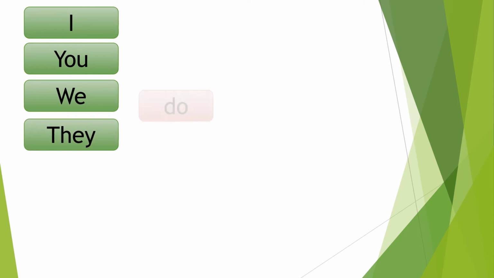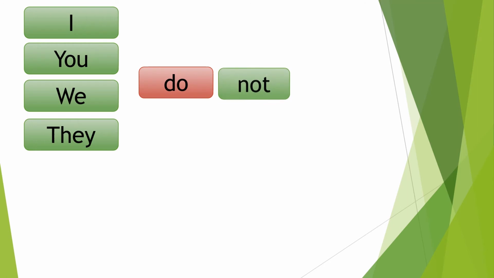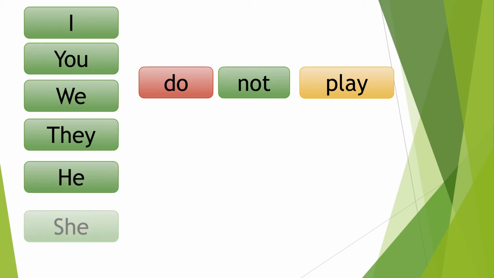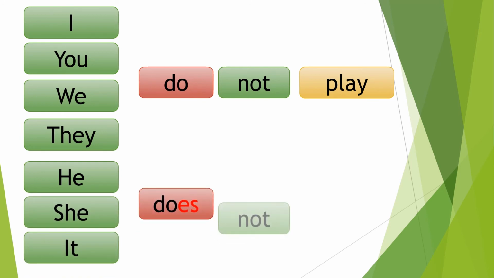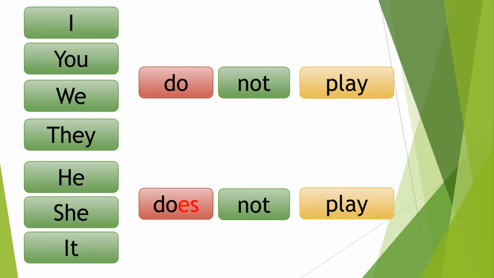After the subject, we use do plus not and a verb. For example, they do not play. You can also have a subject he, she, and it. After them, we use does not plus play. For example, he does not play.